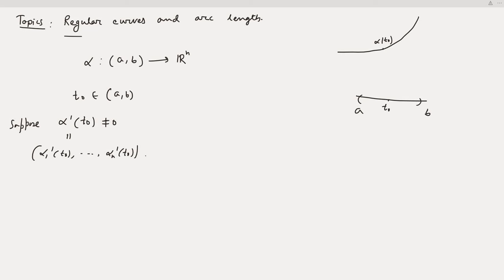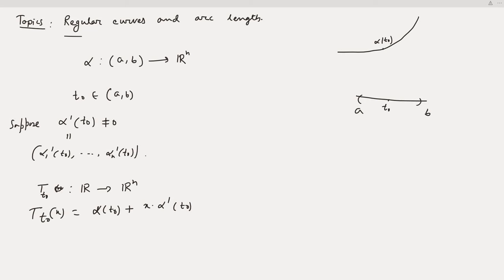So the straight line defined by T sub t naught, this is from R to R^n. A parameterized straight line given by T of t naught at x is equal to alpha at t naught plus x times alpha prime of t naught.